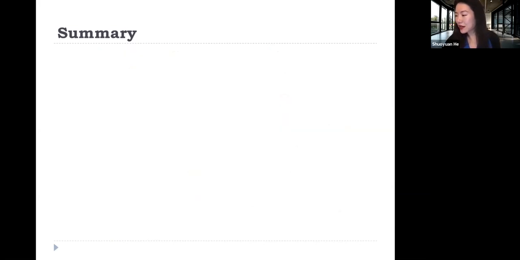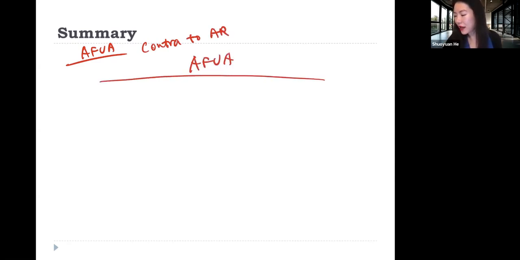And then the other thing I want to talk about is allowance for uncollectible accounts. This account is a contra account to account receivable. Let's look at how different events change the balance of this account.